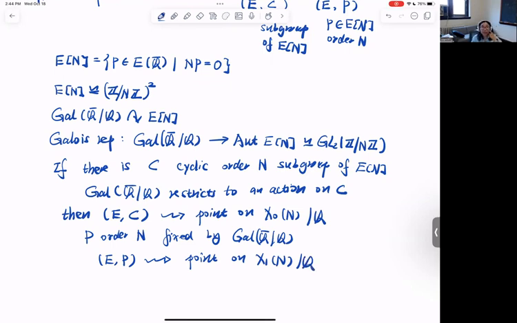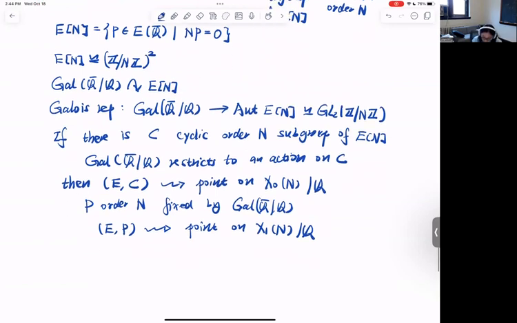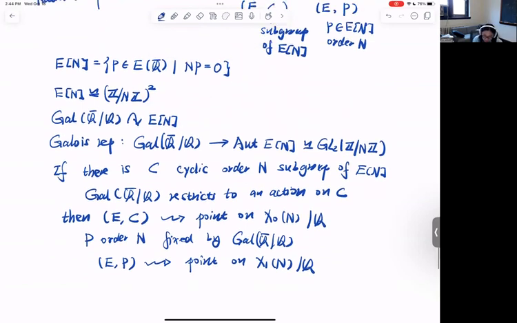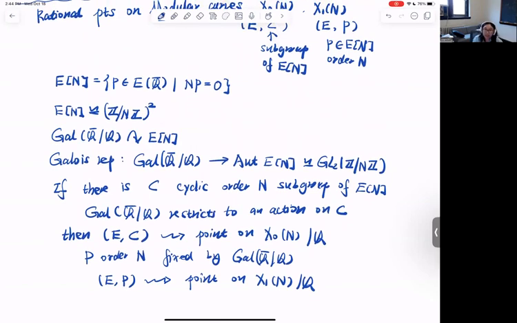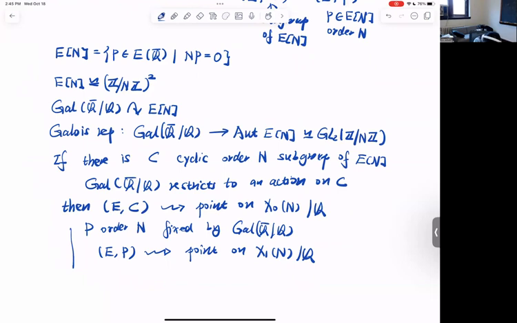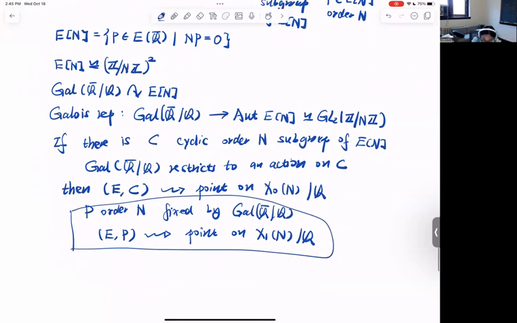Okay, so the point is that the problem of rational points on modular curves is very concretely related to the existence of an elliptic curve defined over Q together with some N-torsion subgroup or N-torsion point that is also defined over Q. For example, Mazur proved his theorem, showing that there does not exist any elliptic curve defined over Q with a rational torsion point of order greater than or equal to 13.